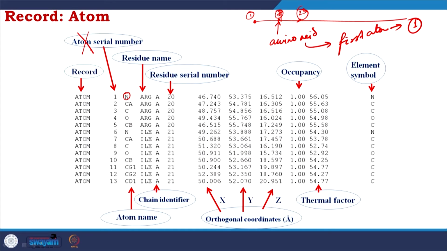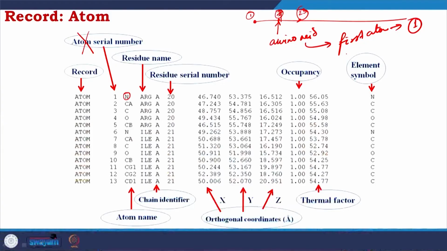Okay. These are the coordinates, this is the chain identifier, this is the atom name, this is occupancy and this is the thermal factor. First, talk about these coordinates. This is where your atomic structure is. We will talk about this in detail, but occupancy and thermal factors are also very important information providers. What is occupancy? Occupancy is mostly explained in X-ray. Why?